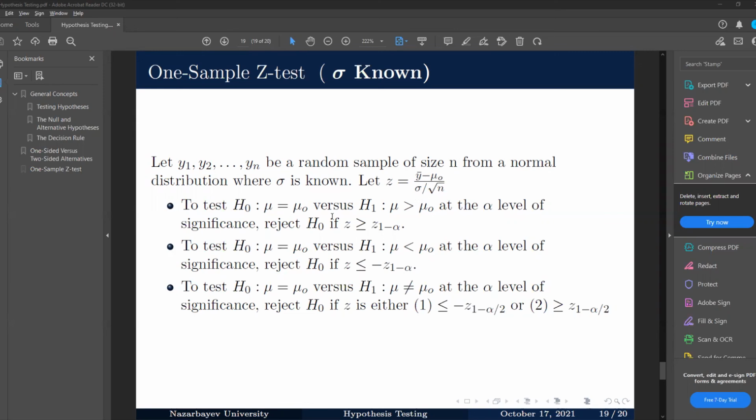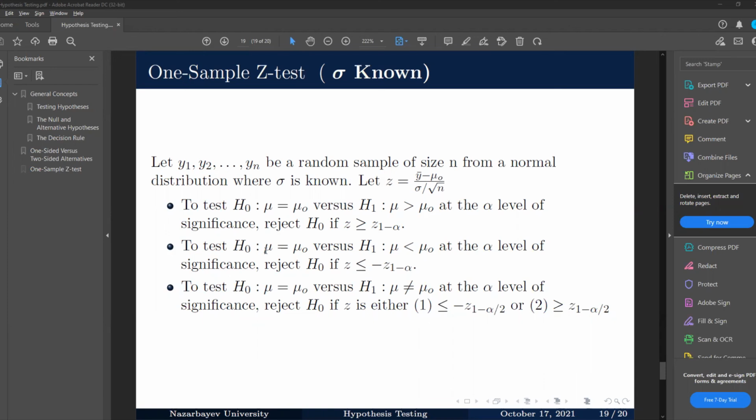To test H naught, null hypothesis mu is equal to mu naught, versus the alternative hypothesis mu is greater than mu naught, which is a one-sided test at the alpha level of significance, we reject H naught if our test statistic is greater than the critical value, which corresponds to the normal quantile 1 minus alpha.